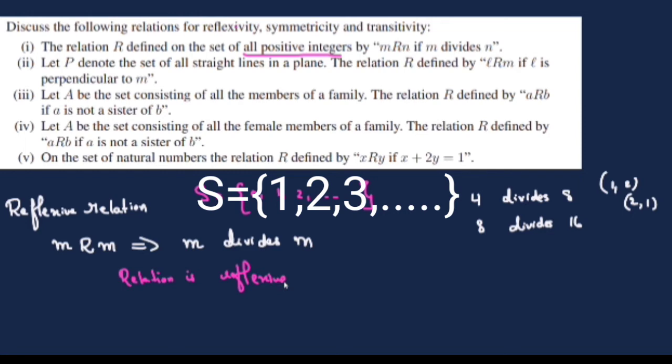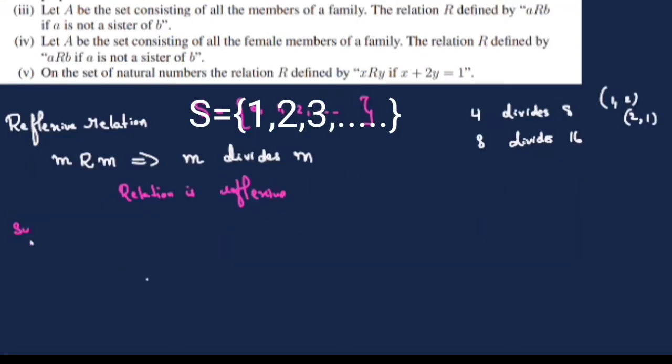Now we will see whether it is symmetric. How do you know it is symmetric? When I take this example, 4 divides 8, that means 4 is related to 8.